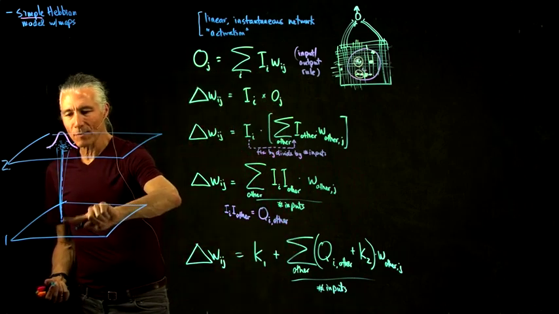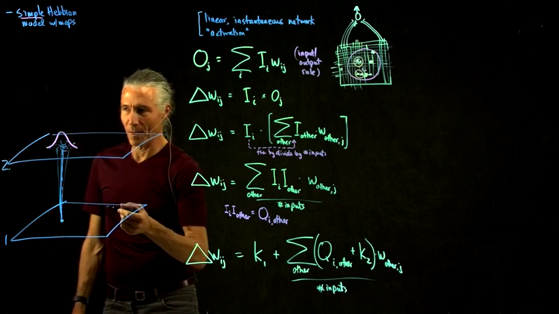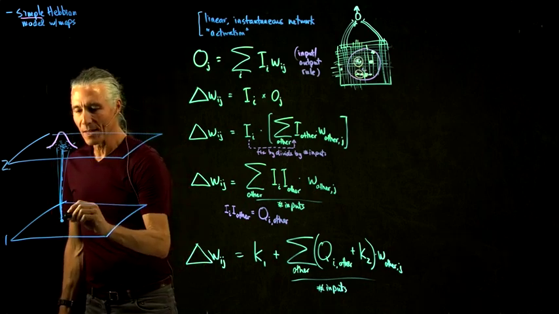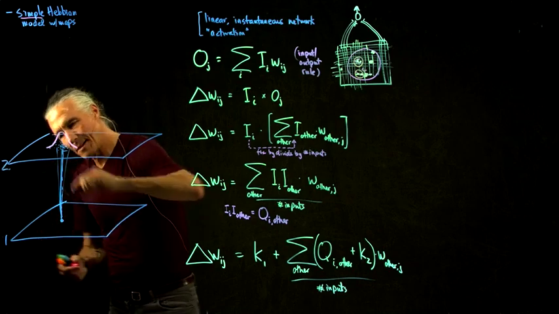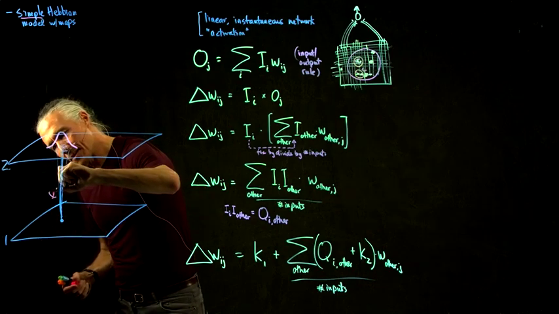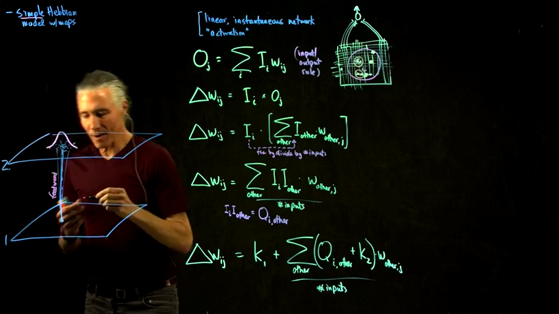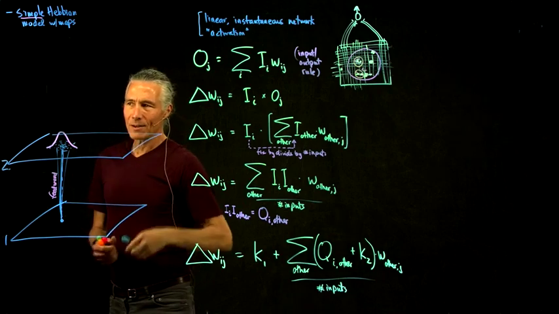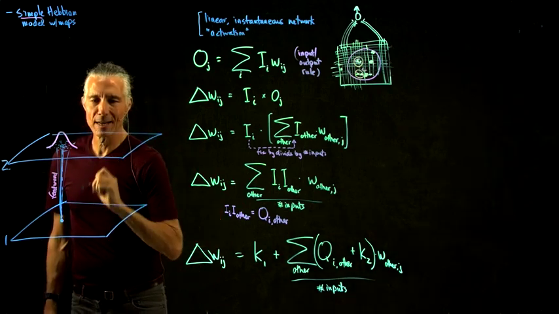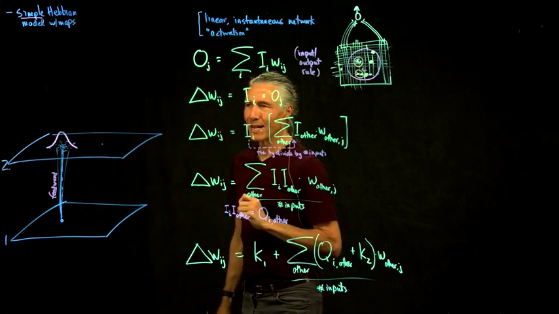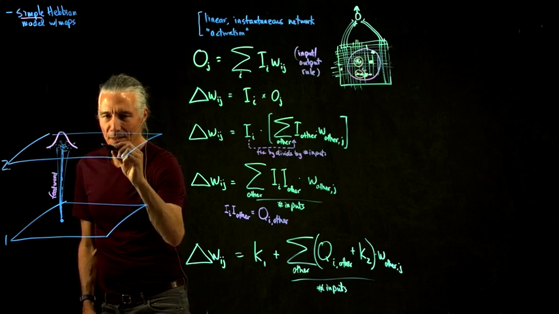Now, there's two ways of looking at this, and we're going to use both of them, so that's why I want to introduce it here. This is the feed-forward way of looking at it. Another way of looking at it is to take one unit here and ask, who connects to it?